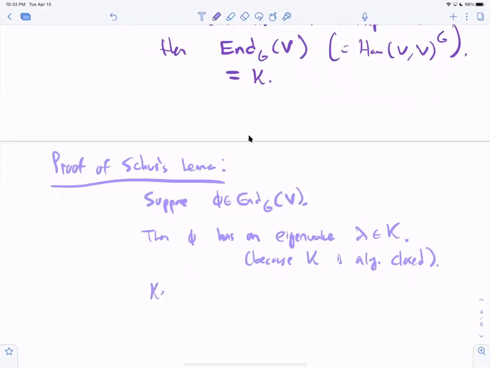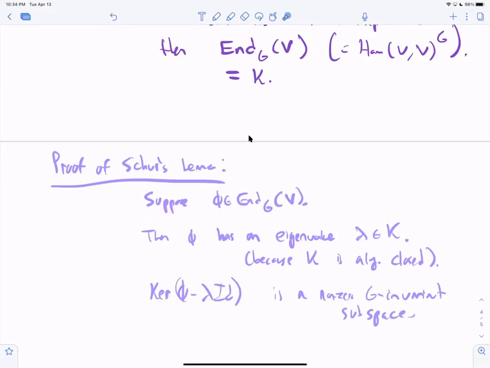And then look at the kernel of phi minus lambda times the identity, the eigenspace for that eigenvalue. So this is a non-zero G-invariant subspace.